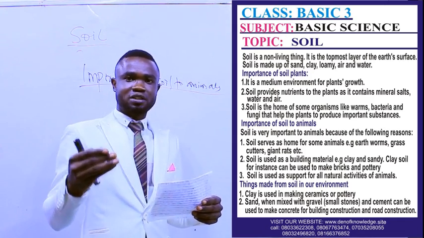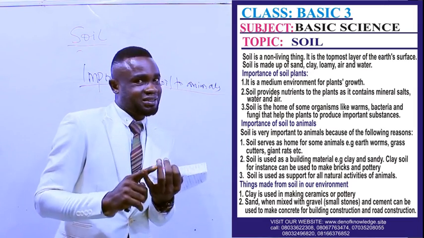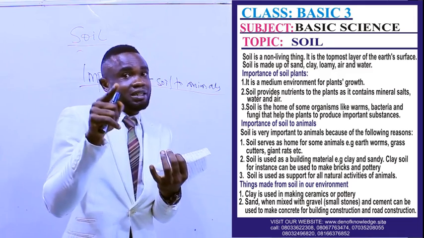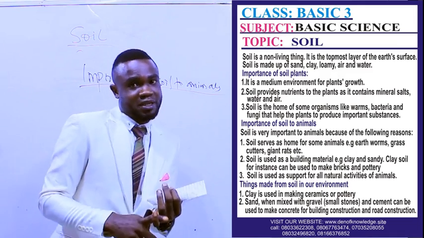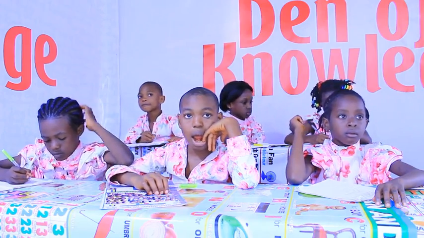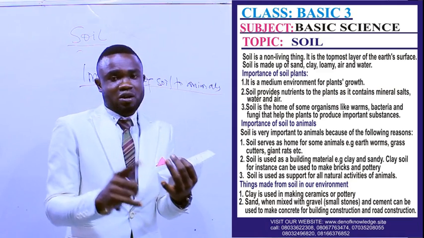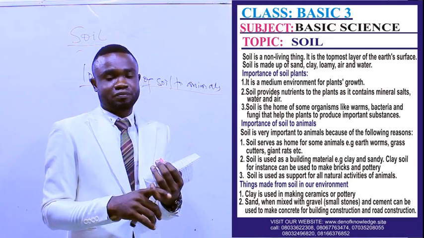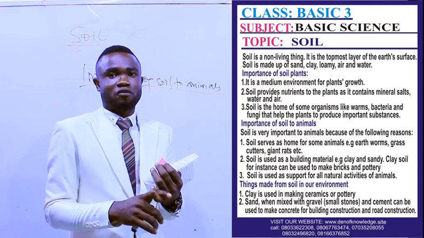And next one is concrete. Concrete is sand, and sand is a component of soil, plus cement and water. Even stone mixed together will give you concrete. Those mentioned are the products from soil.